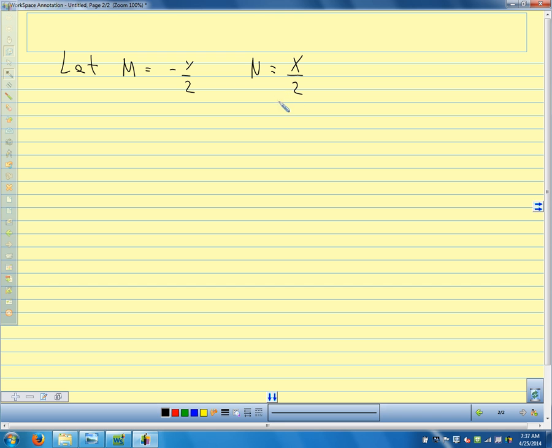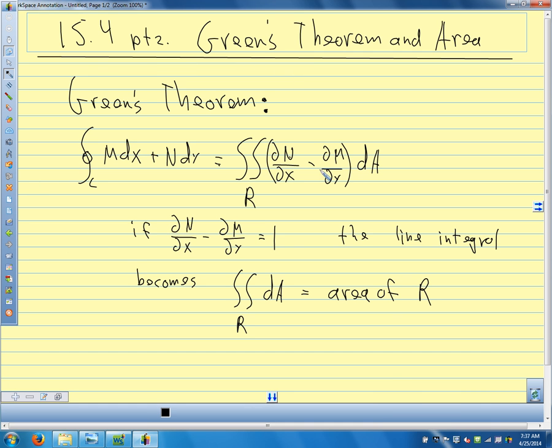Then when we take the partial of N with respect to x, we get 1/2. Take the partial of M with respect to y, we get negative 1/2. And this quantity in our integrand becomes 1, and we can use the line integral to find the area of our region.